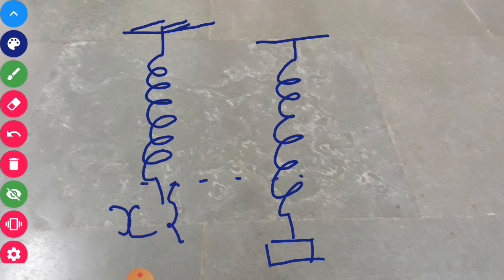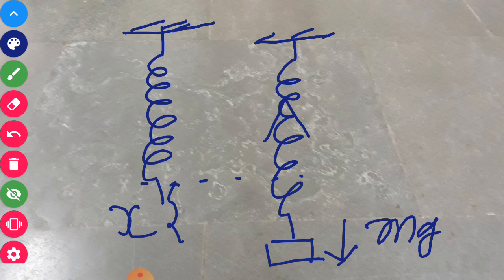The length is extended by an amount x. Then there will be a restoring force. The force due to the weight of the object is in the downward direction, and the restoring force, the force which is trying to bring the spring back to its normal position, is the restoring force or the spring force.